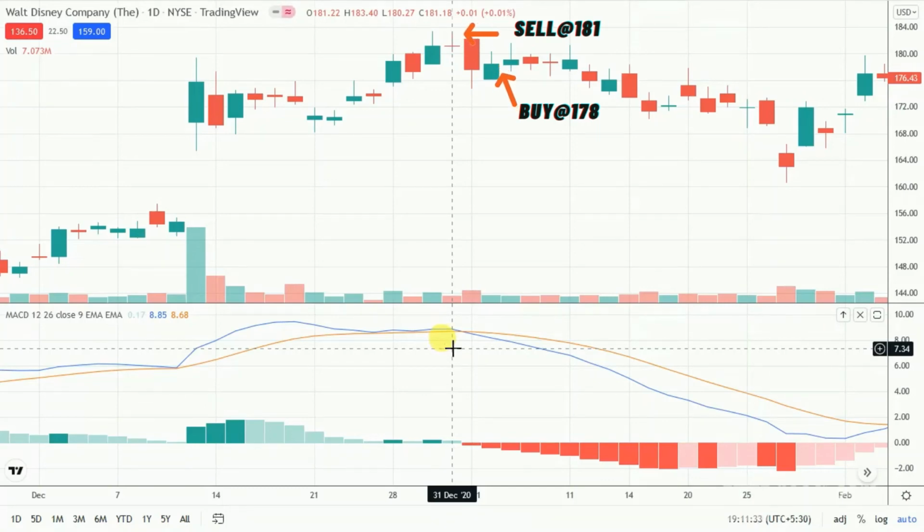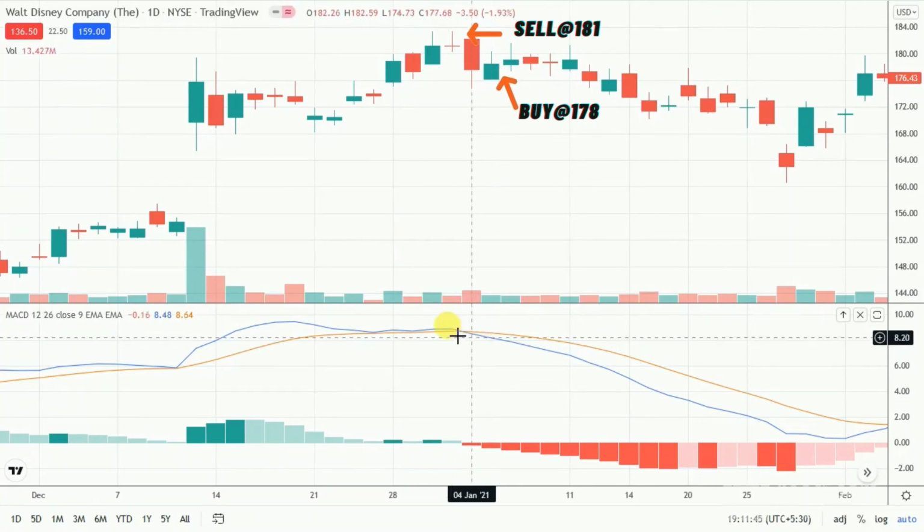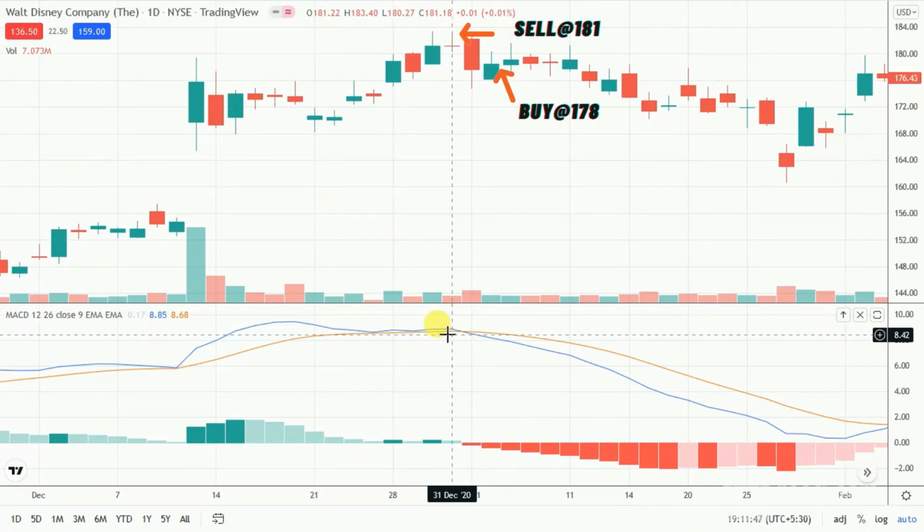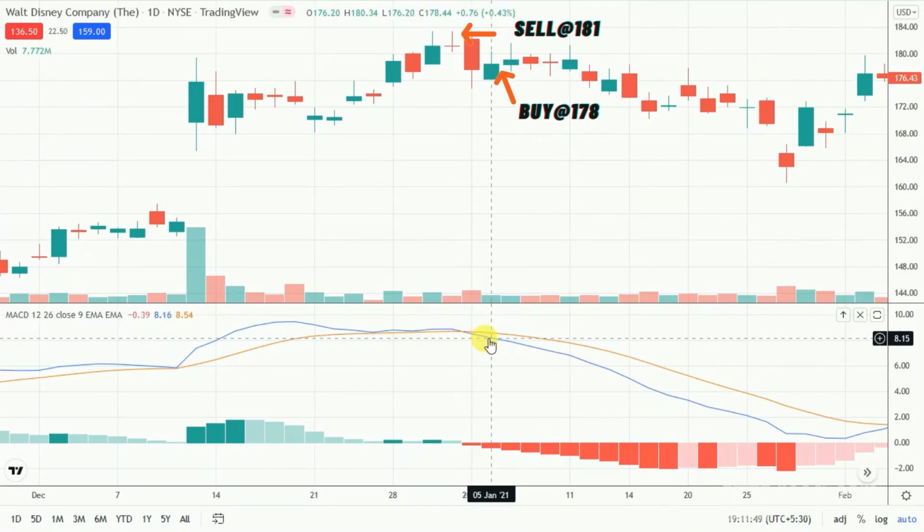So this is day 1, day 2, day 3, which is the 5th of January 2021. We're going to buy back at the closing price of 178. Okay. So we sold at 181 and we are buying back at 178. That's an approximate profit of 1.5%.